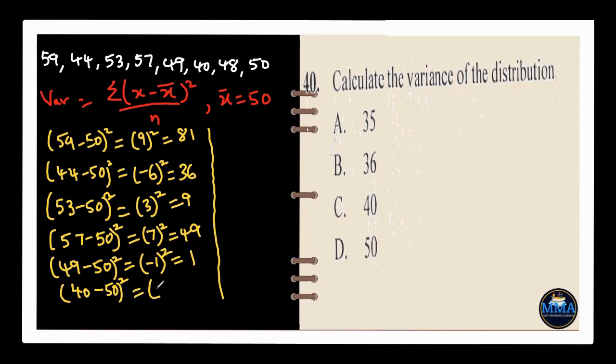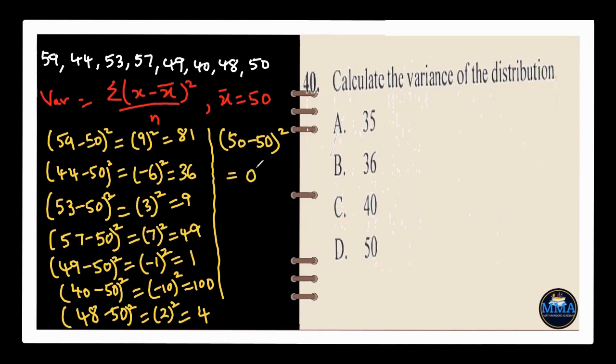That will give us minus 10 squared, and we get 100. The next number there is 48 minus 50 all squared. That will give us minus 2 squared, and that is going to give us 4. And then the last is 50 minus 50 all squared. That will give us 0 squared, which is 0.